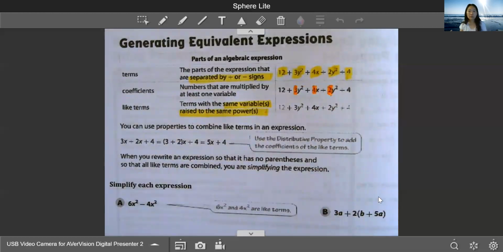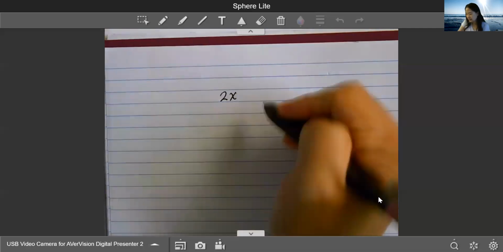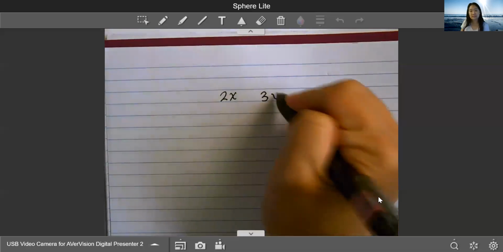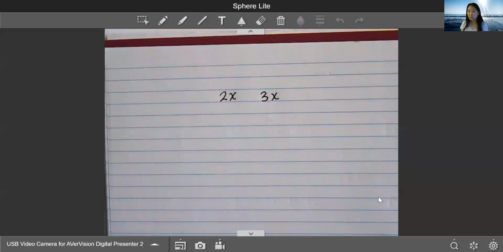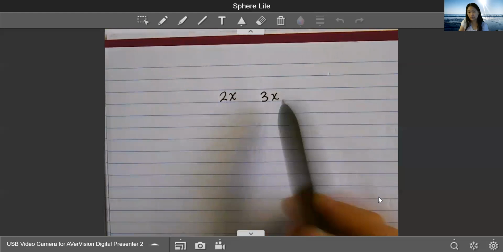So that's very important. Even though the variable is the same, if they're raised to different powers, they are not like terms. For example, let's say I have 2x and I have 3x. Those are like terms because they both have the same variable.